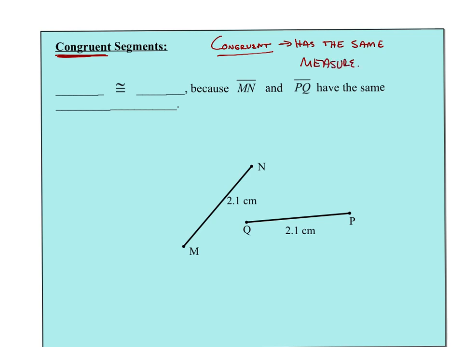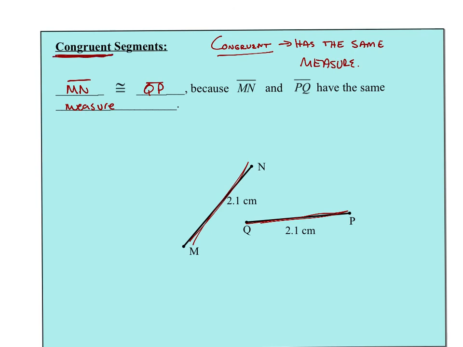If two things are congruent, they have the same measure. So if I got out a ruler and measured MN and QP and figured out those were both 2.1 centimeters, I can say segment MN is congruent to segment QP, because they have the same measure. That's the term.